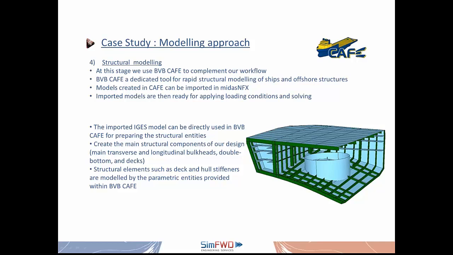We directly import the IGS in BVB CAFE and create the main structural components of our design, like main transverse and longitudinal bulkheads, double bottoms and decks, and also smaller structural elements such as deck and hull stiffeners, which are modeled as parametric entities within BVB CAFE and can be altered during the design process if needed.